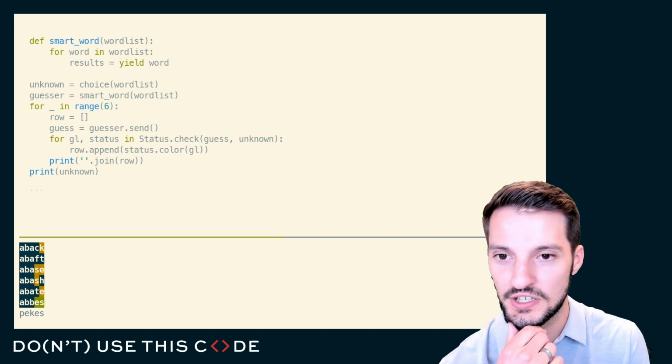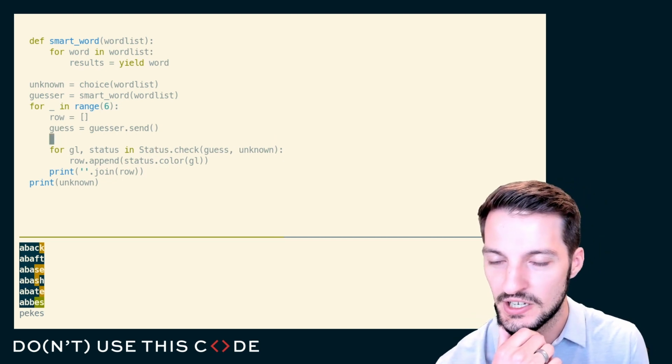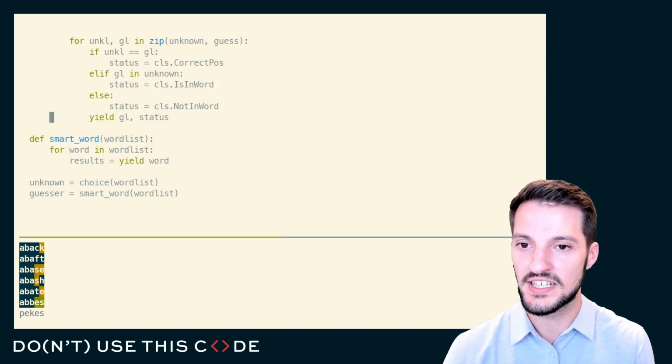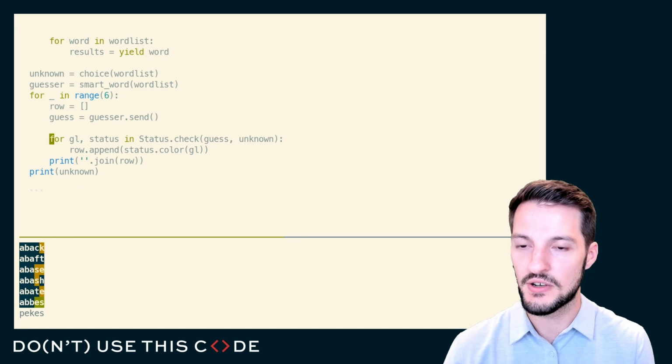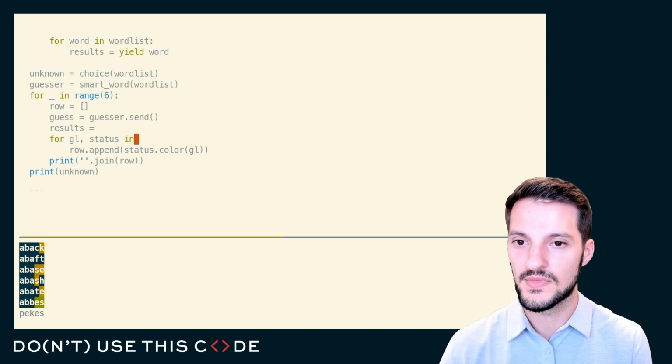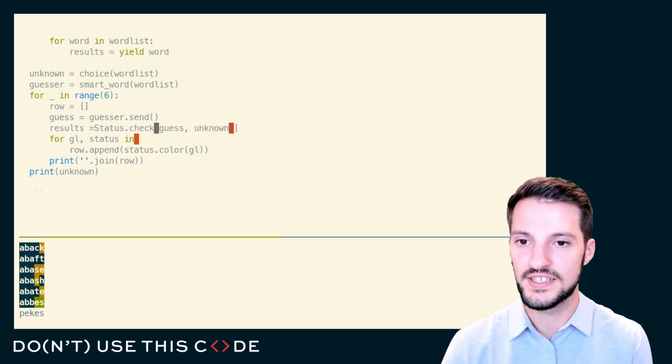The results are in a fairly usable format. We've structured this so that we get each letter and each status every time we do a check. And so I can just pass in that check from the previous guess. So this would look something like results equals, like that. We can concretize this.